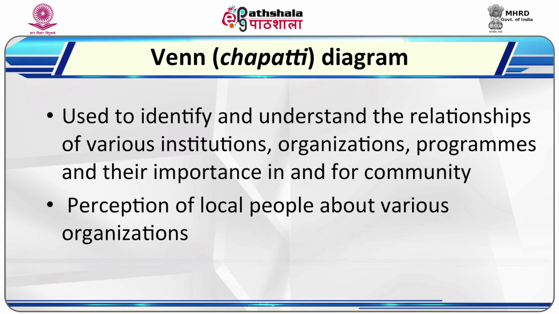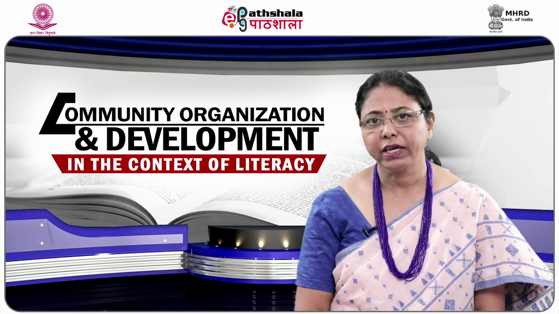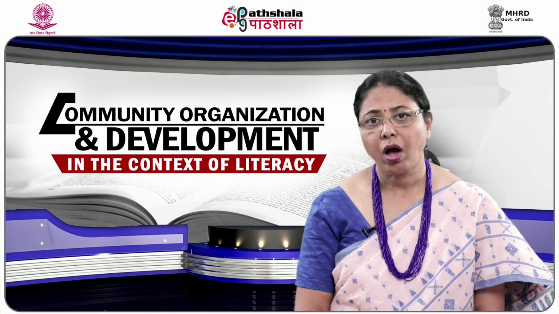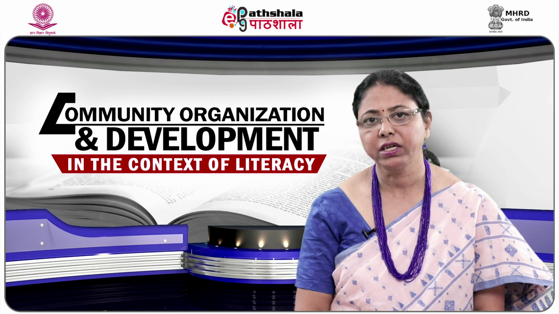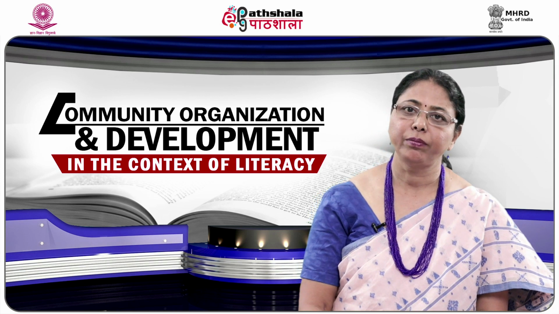Perception of local people about these organizations gives an idea whether development has reached downtrodden people or not. To carry out this activity, different sizes of circles of paper are used. The smaller the size of the circle, the lesser its importance. In other words, this activity can be used to know how many organizations are working in a particular area and their relationship with the people.